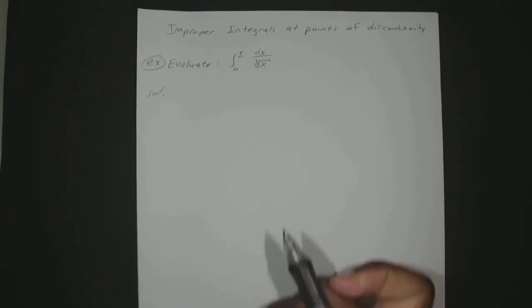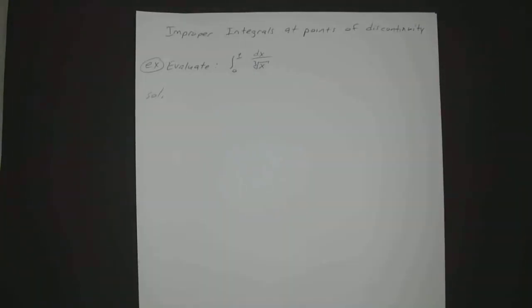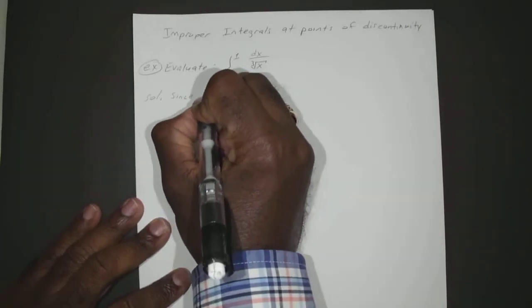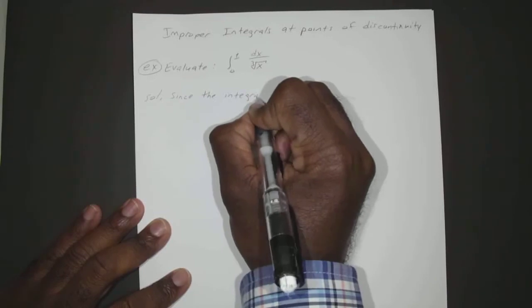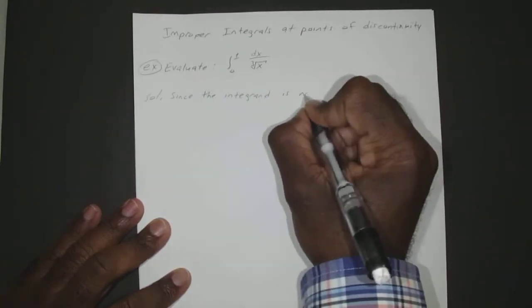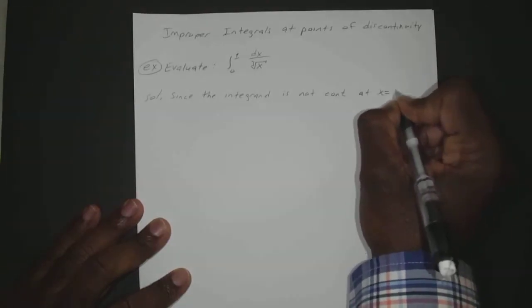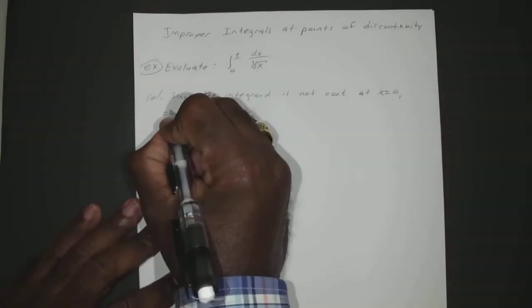All right, so we know here that it's not continuous at 0. So we couldn't plug in 0, which just wouldn't work. Since the integrand is not continuous at x equals 0, we rewrite it.